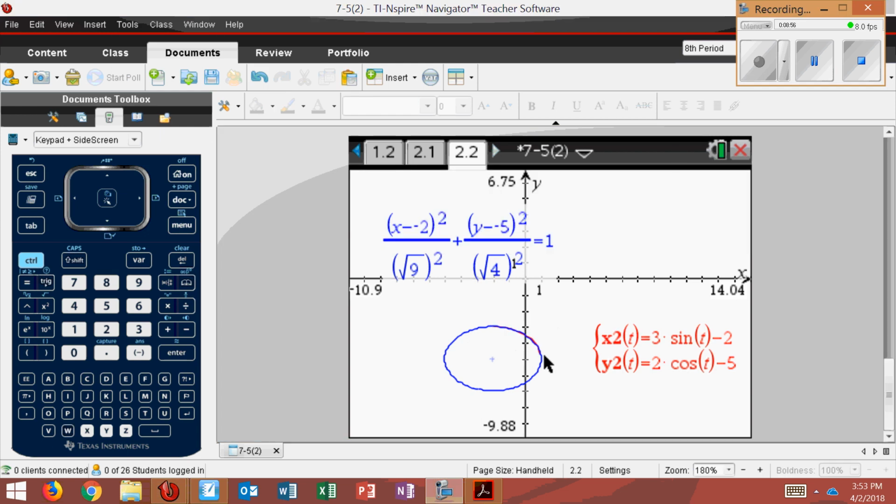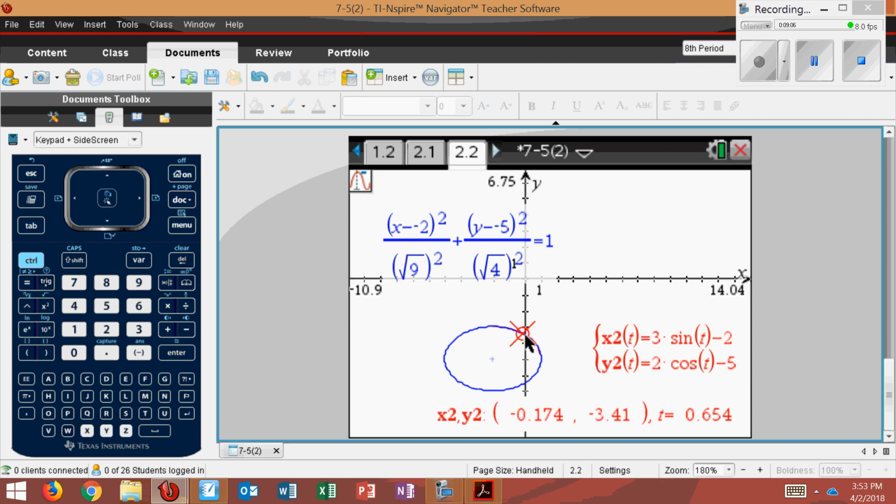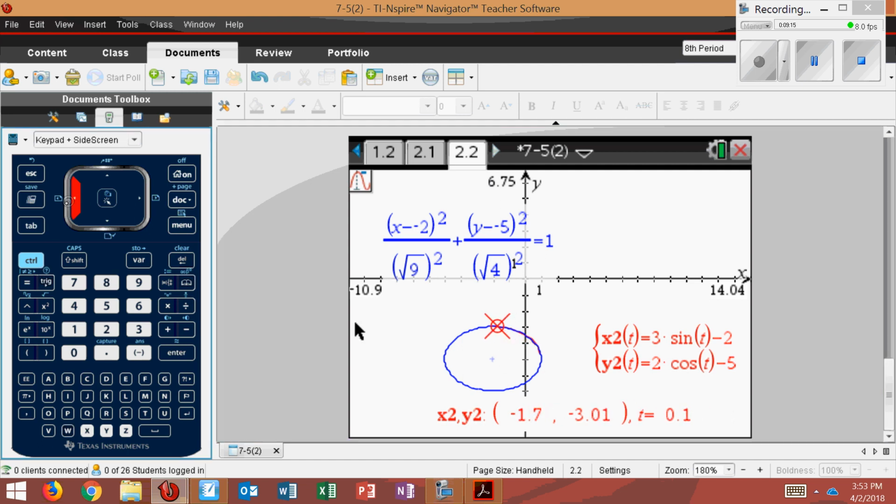And now I'm going to show you what that t value did and what happens when you flip the sine and cosine. What happens if I go to menu, trace, graph trace? I thought it was going to ask me what equation, but it just went straight to this parametric, which is good. You'll notice at time equals 0, we're going to be at the top portion of this graph. Let me just hit the left arrows like this. When time is 0, this graph is going to start at the top.